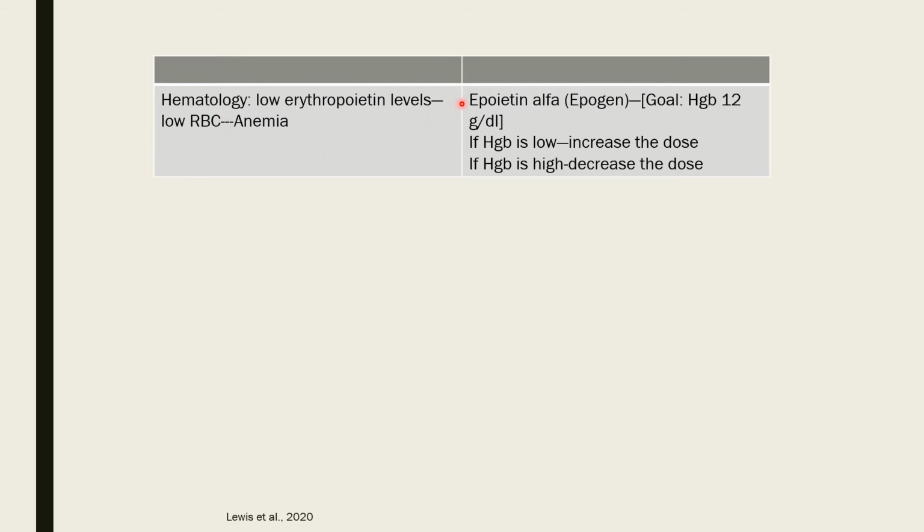So we administer epogen, also known as epoetin alpha, and the goal is about 12 grams per deciliter. If hemoglobin is low, increase the dose. If hemoglobin is high, decrease the dose. As a nurse, you have to check their hemoglobin level, and if you think this is too much or too low, you have to call the healthcare provider. Okay?